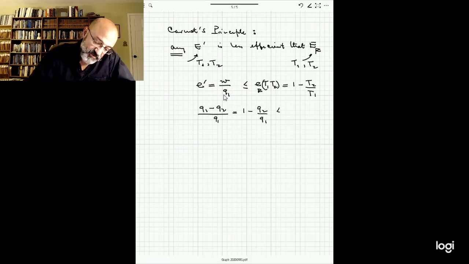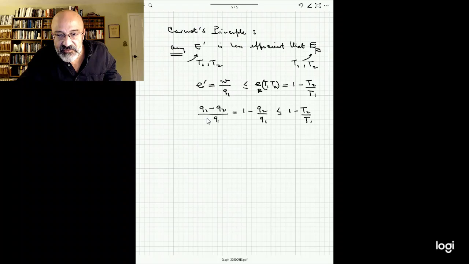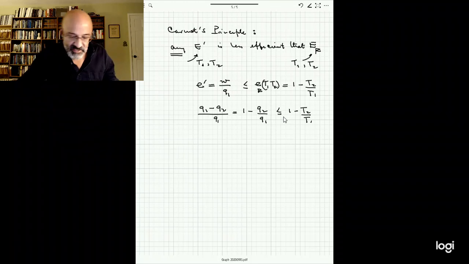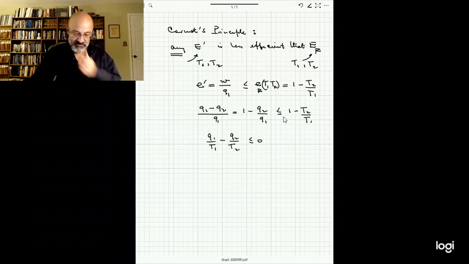And this is less or equal than 1 minus T2 over T1. So now that we look at this expression here, we can cancel the ones and we can divide by T2, multiply by Q1. And so what we're going to get here is Q1 divided by T1 minus Q2 divided by T2. This is going to be negative.